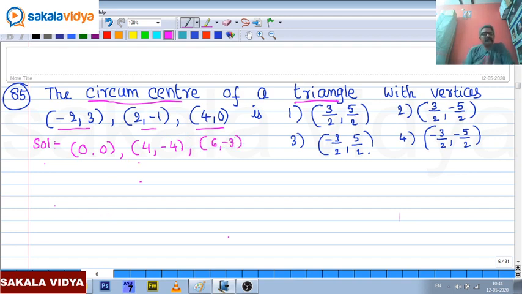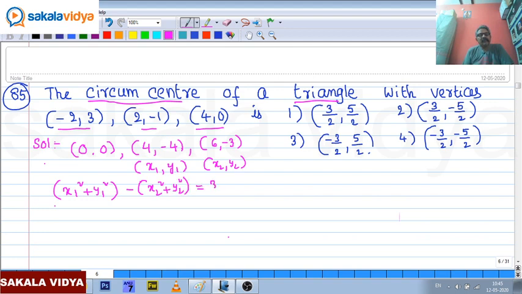Now say this is x1 comma y1. This is x2 comma y2. So find this value. x1 square plus y1 square minus of x2 square plus y2 square. 16 plus 16, 32. 36 plus 9, 45.